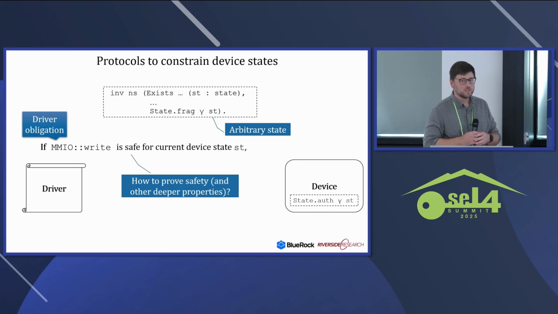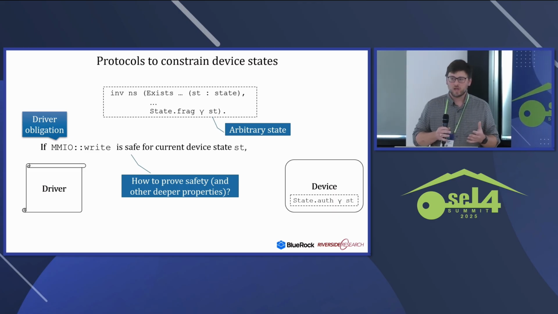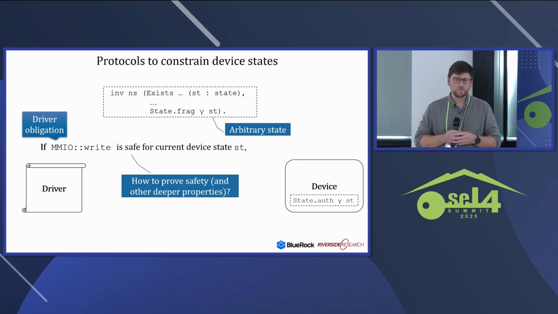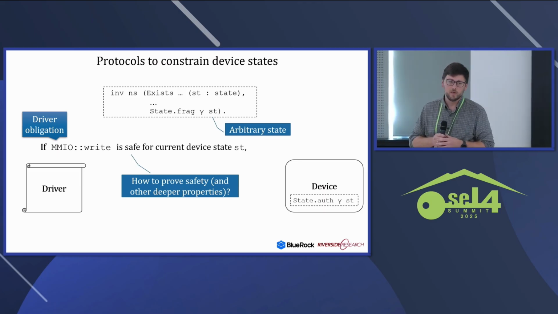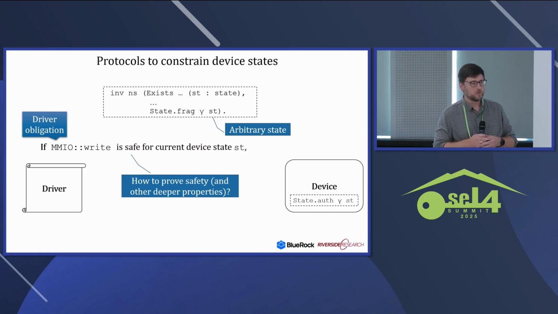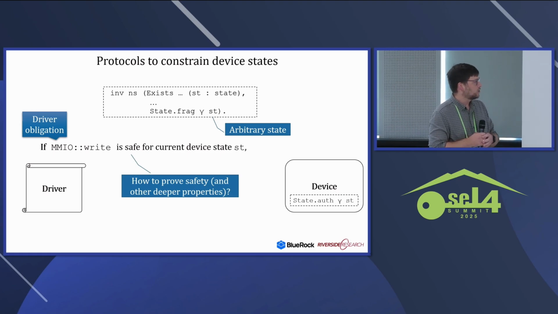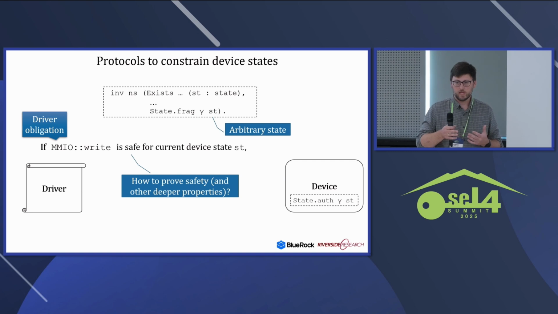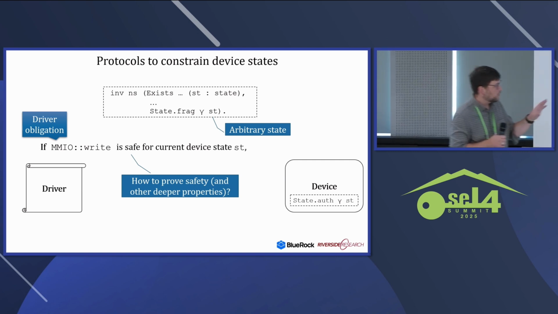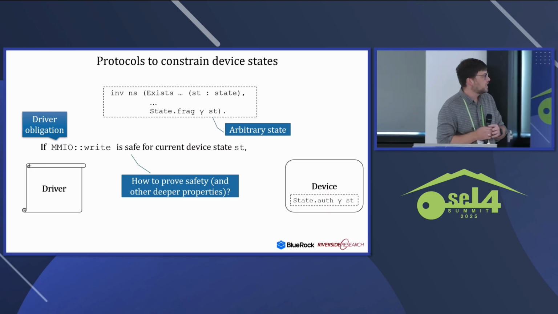So we need some way to specify what kind of state the device is in. To give you an example, let's say you're building a driver for a UART, you might have an arbitrarily uninitialized state initially, and then you put it in an initialized state where you set the baud rate, you set other stuff like that. That's going to allow the UART to actually take steps, like read characters from the wire and stuff like that. So we need some way to specify those sorts of protocols over the state.